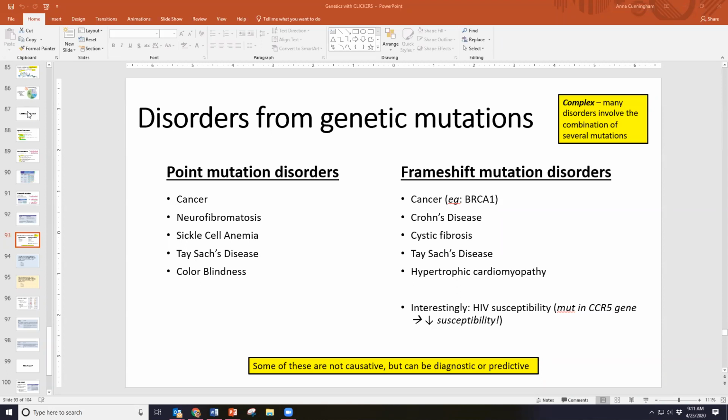And you'll see that there is a lot of overlap. So cancer, Tay-Sachs is listed twice. I would be willing to bet that every single one of these could be listed in both columns. But the reason they can be listed in both is because, as we've already talked about, cancer is so complex.